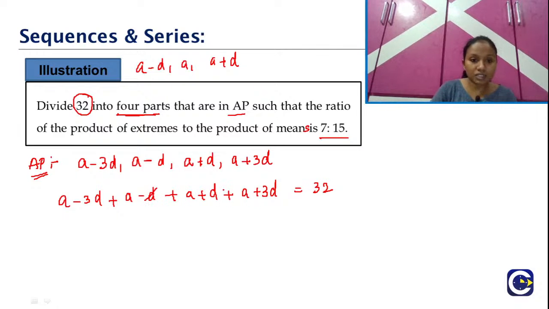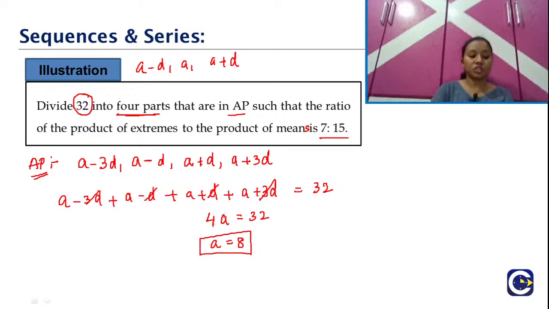So now minus D and plus D will get cancelled, and minus 3D as well as plus 3D will get cancelled, and here we will be remaining with only the A. So A plus A plus A plus A, that means 4A here will be equal to 32 and A here will be equal to 8. So the first unknown value we have determined, which is equal to 8.